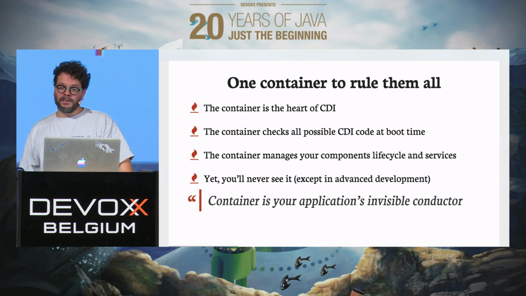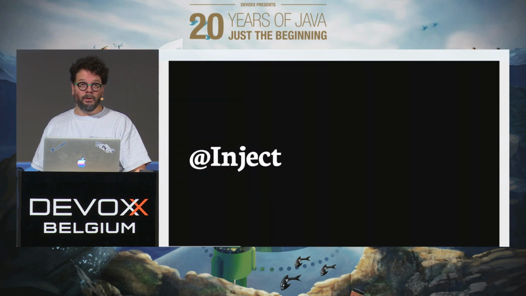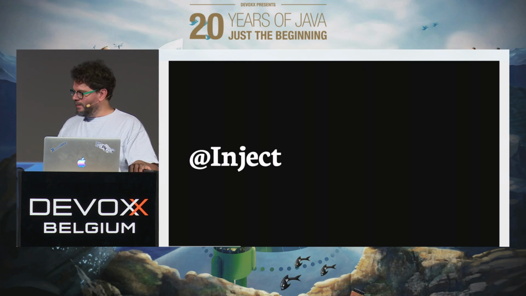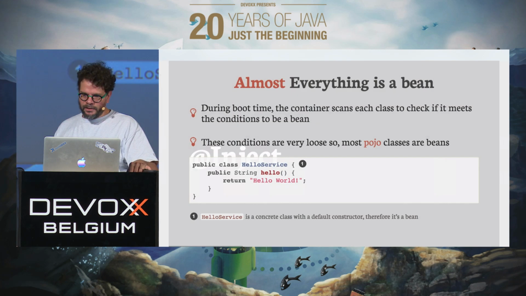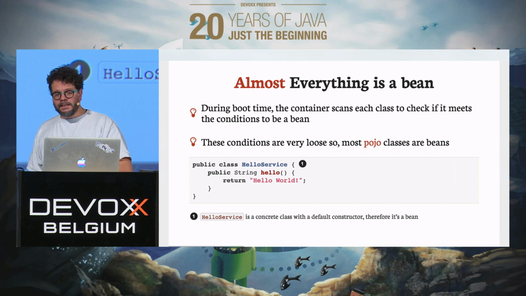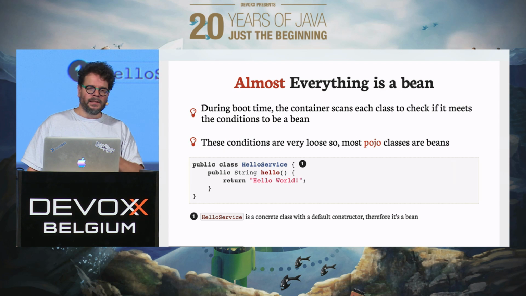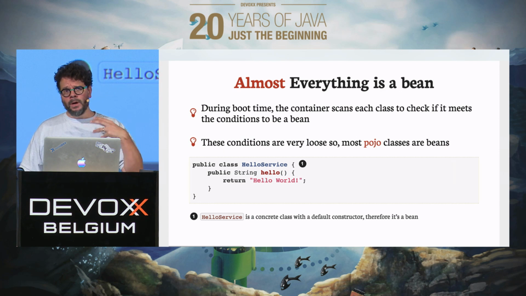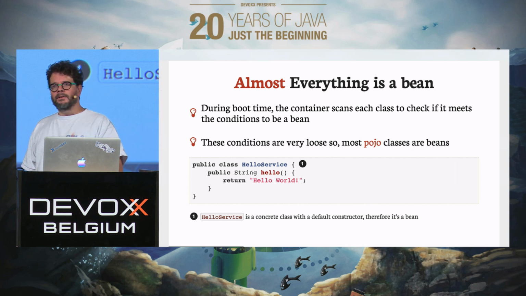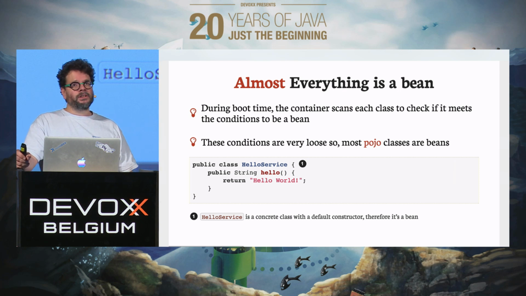Now, I go back to Antonio's question. What about this @inject annotation that was added to integrate this service layer? In fact, in CDI, almost everything is a bean. So when you deploy your application, the container scans each class and checks a list of rules to see if it meets the conditions to become a bean.